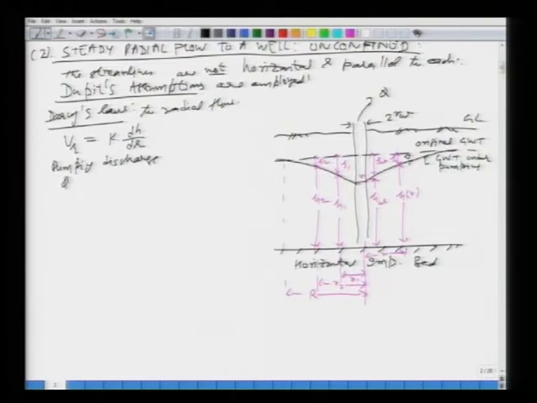This Q is going to be equal to the velocity times the area. The velocity we have said is k dH/dr as per Darcy's law, and what is the area of cross section across which this flow is now taking place? Earlier we had the cylinder of height b, and now at any distance r, what is the height of that cylinder?